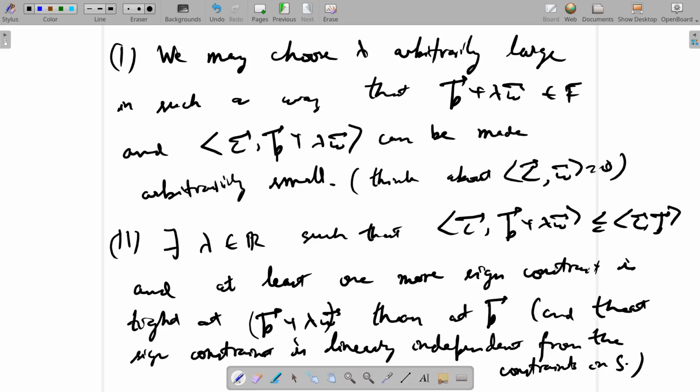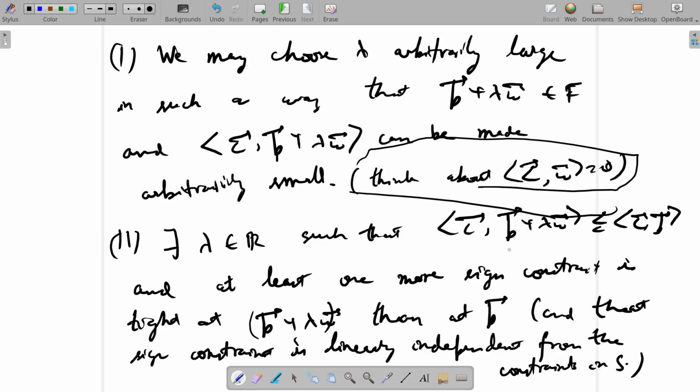So let me revisit these two possibilities. We may choose lambda arbitrarily large so that this belongs to F and this can be made arbitrarily small. This is a case which we'll also consider, so no worries. But otherwise there is a lambda such that you can in fact do a little bit better. So it's starting to tend towards a vertex.